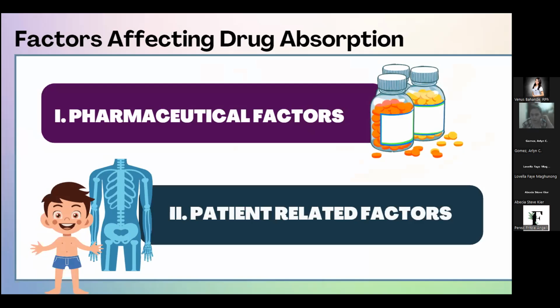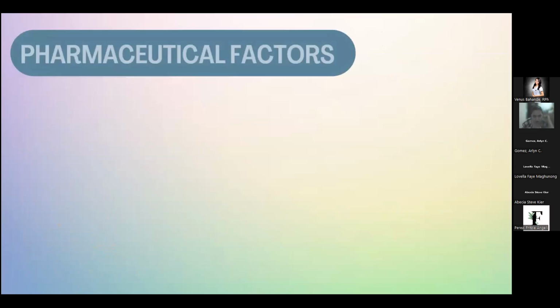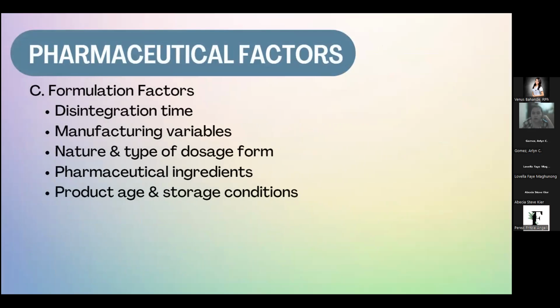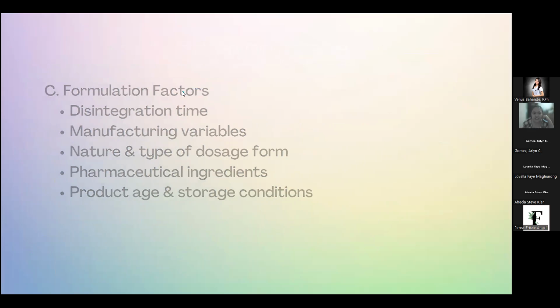So there are factors affecting drug absorption. There are two main factors: the pharmaceutical factors and the patient-related factors. Under the pharmaceutical factors, you have the chemical factors, the physical chemical properties of drug substances, and the formulation factors.